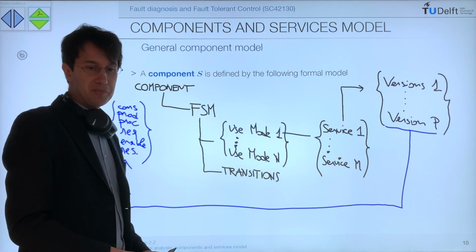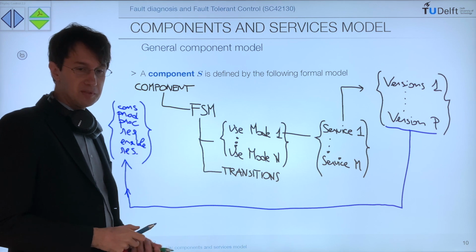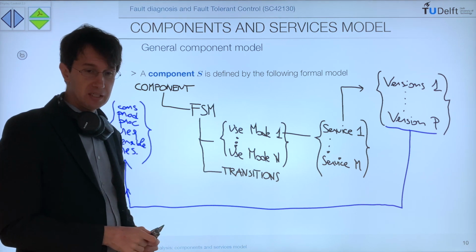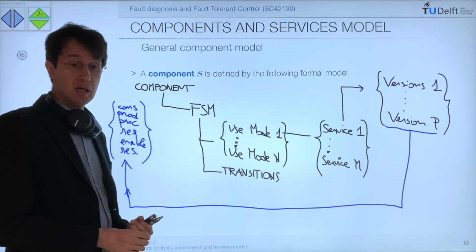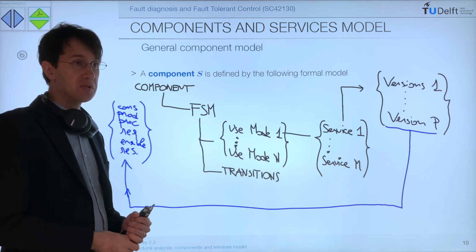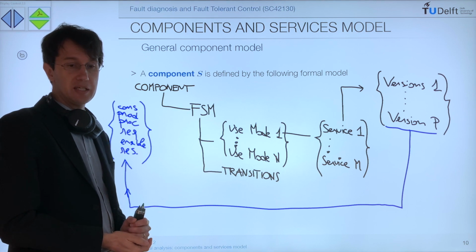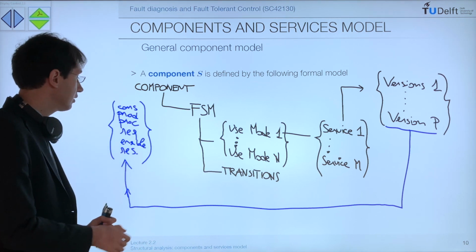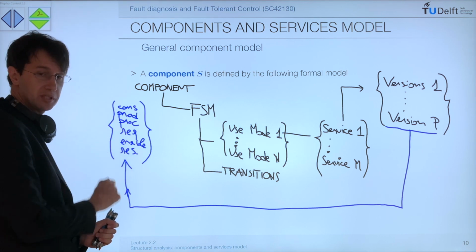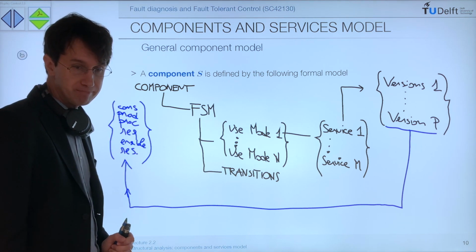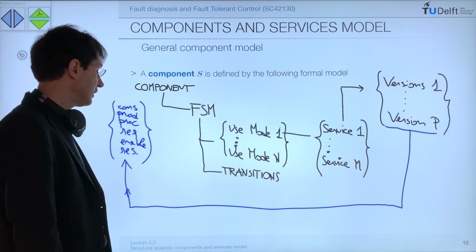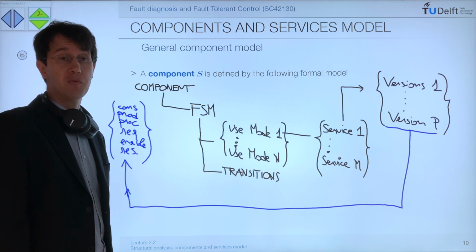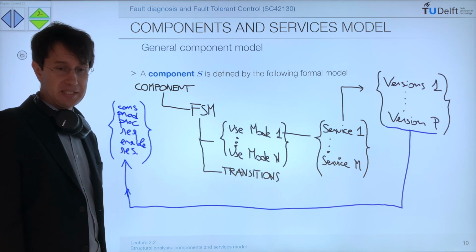Okay, this formal model allows us to do some reasoning. Like, we have one sensor that requires cooling water, because in order to make a measurement, the sensor needs to be cooled. So cooling water is one of the variables that are consumed by the sensor. But cooling water itself is produced by another component, a cooling system.